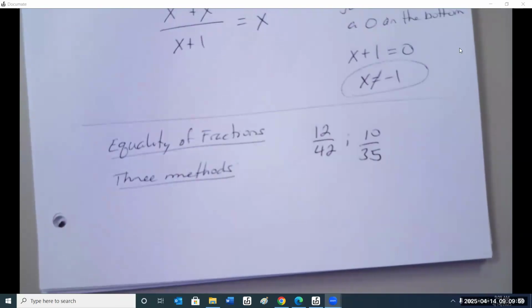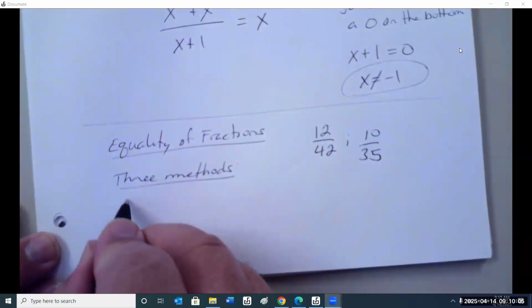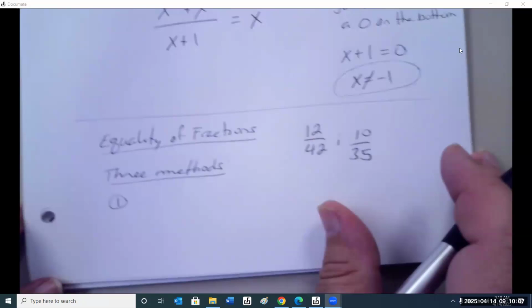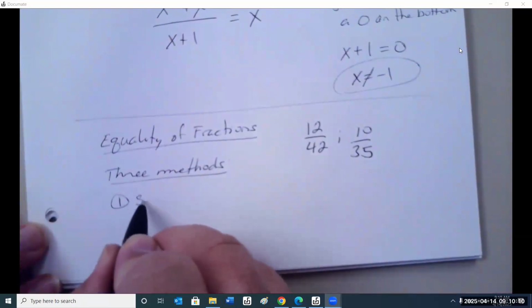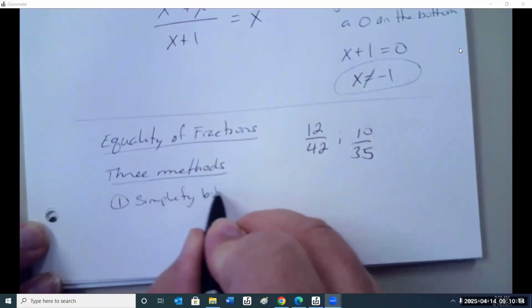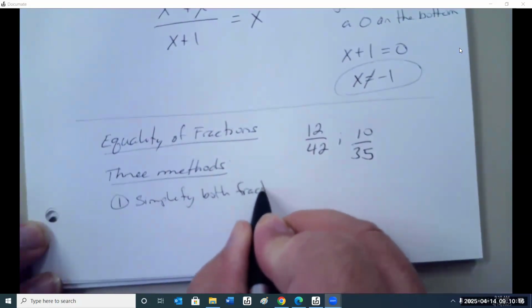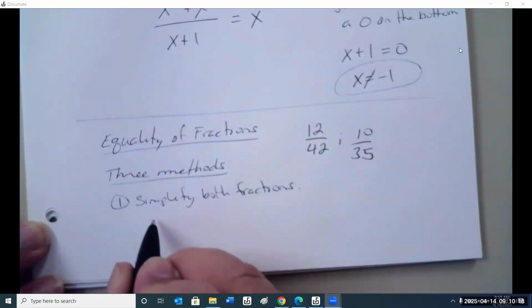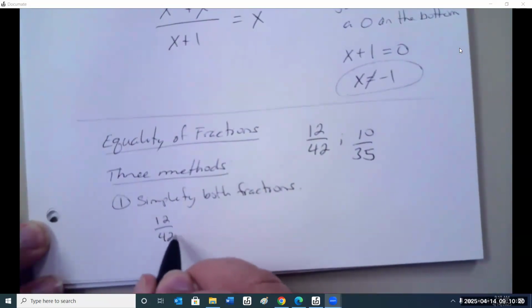Don't go too quick on this because you haven't worked out the question yet. So the first method: simplify both fractions. So we have 12 over 42.